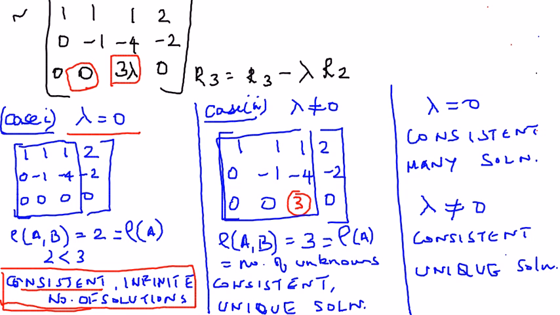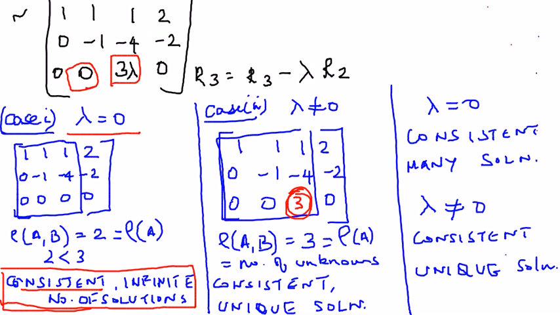Second case was, we assumed that lambda is not equal to 0. So I just wrote down how the matrix could possibly look like. Instead of lambda equal to 0 here, we assume lambda equal to 1. So in that case 3 lambda became 3. This is just an assumption. In that case the rank of A and B and rank of A was equal to 3. There were 3 non-zero rows.